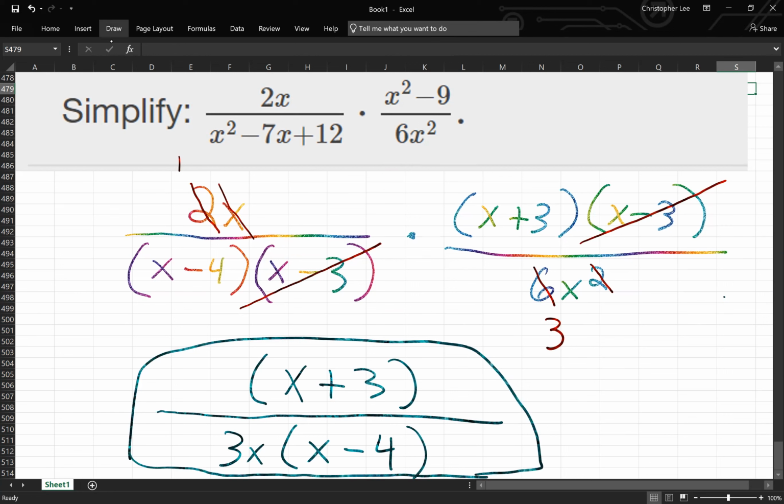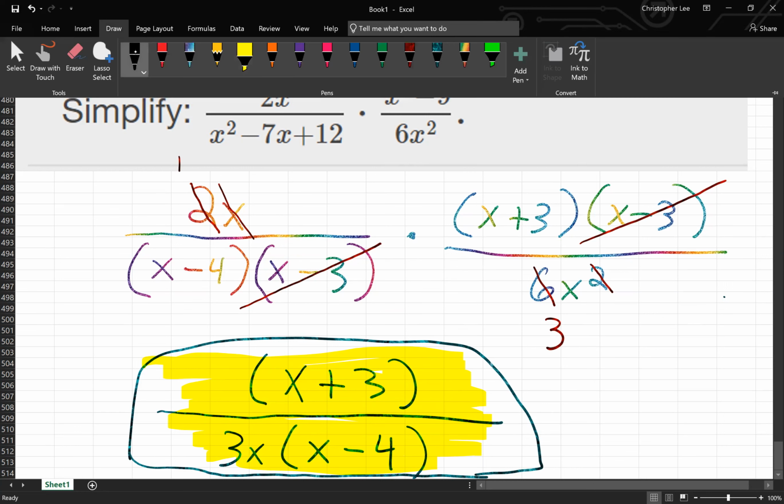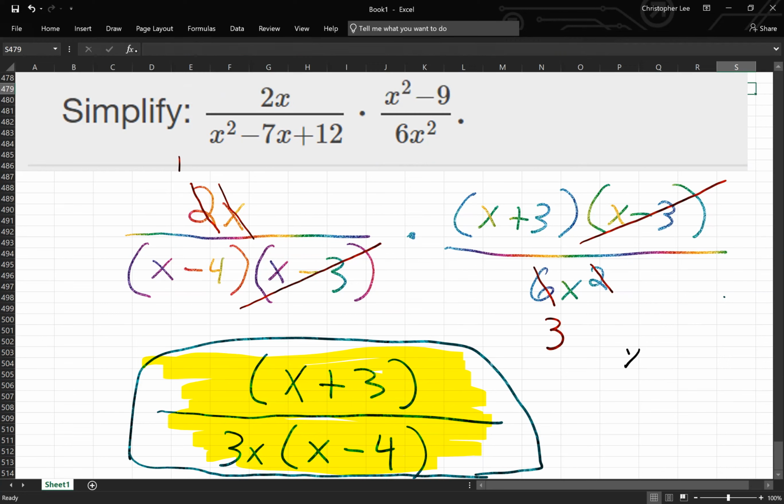Any questions on this? On the right-hand side? Okay. If I have x over x squared, right?